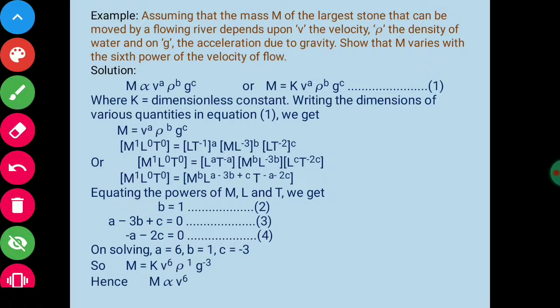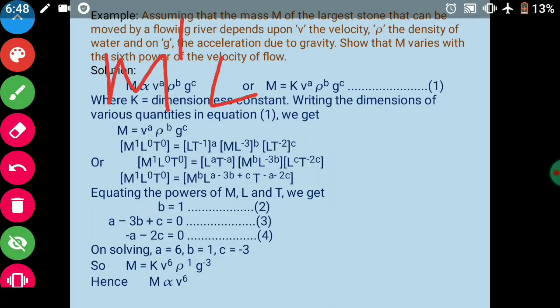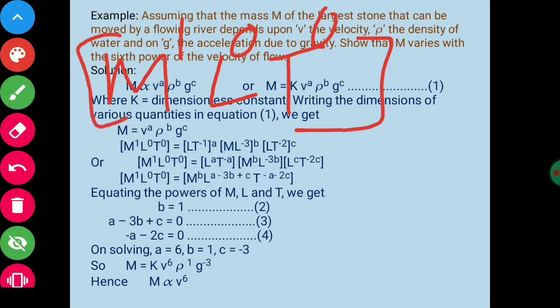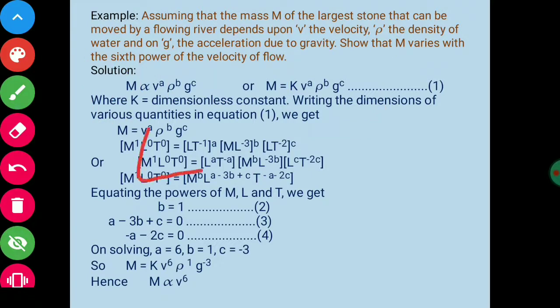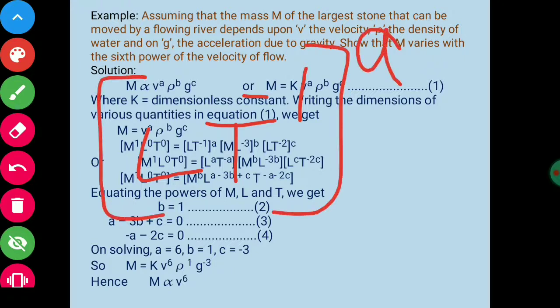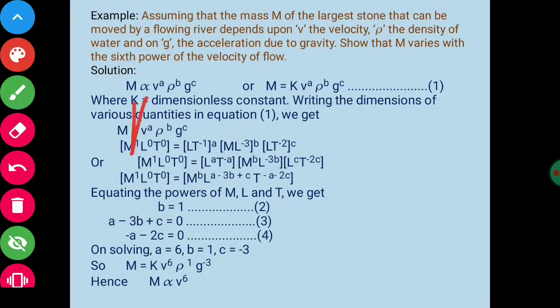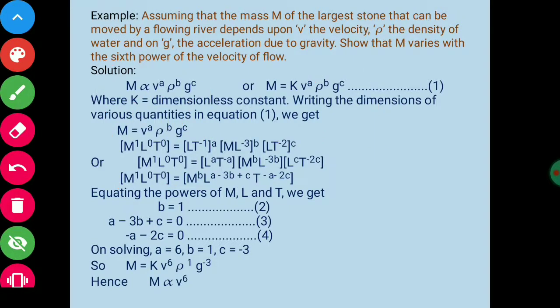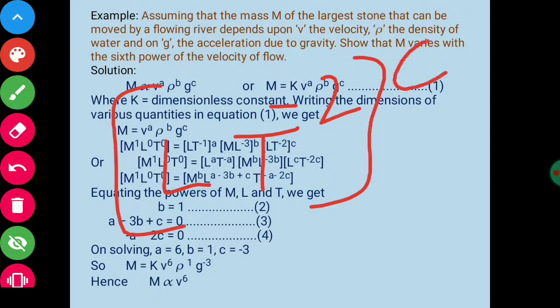Now putting the dimensions of the various physical quantities. Mass m, so dimension is only M, L is 0 and T is again 0. So that is the dimension of m. Now velocity LT^-1 whole power a, density ML^-3 whole power b, and acceleration due to gravity LT^-2 whole power c.